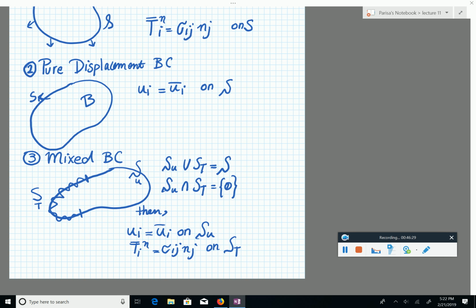Yeah. So this is saying that on one part you have displacement, on the other part you have traction. I have to add something here, and that is that you have seen, I'll show you an example, that there are cases when on the same boundary you have specified both traction and displacement. This is sometimes possible, but only when you have done it in different, perpendicular directions. So when you think about it, think in terms of components, right?